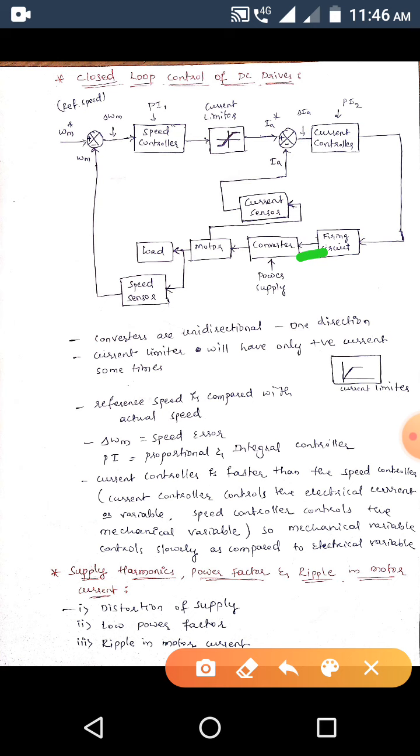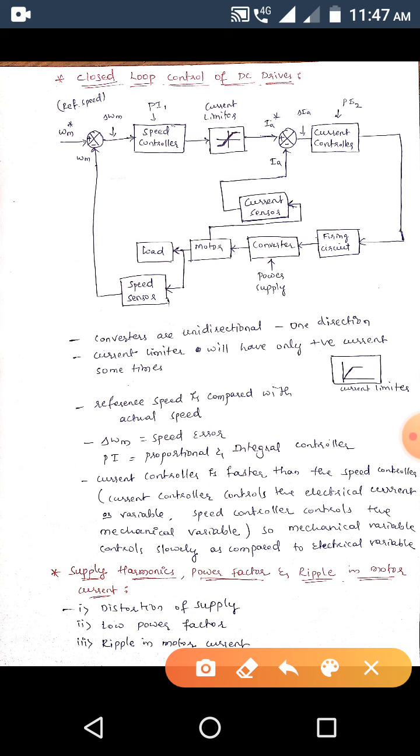Here the converters are unidirectional, because the current limiter decides whether the current is positive, negative, or on both sides. Depending upon that, it decides the converter.